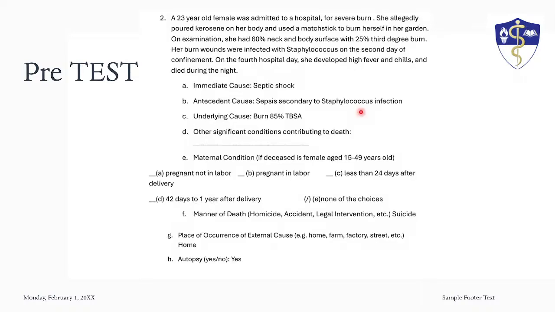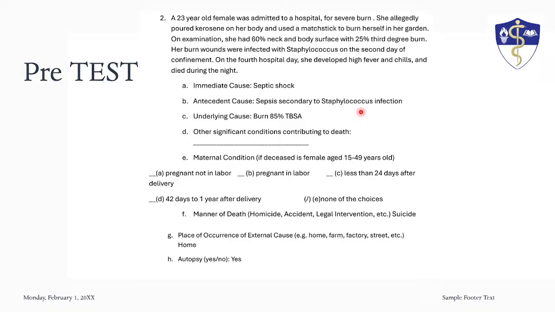So, a 23-year-old female admitted to the hospital for severe burn. She allegedly poured kerosene on her body. So, it's a suicide. And used a matchstick to burn herself in her garden. On examination, she had 60% neck and body surface with 25% third-degree burn.